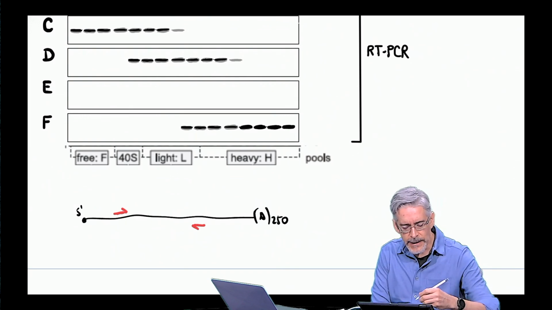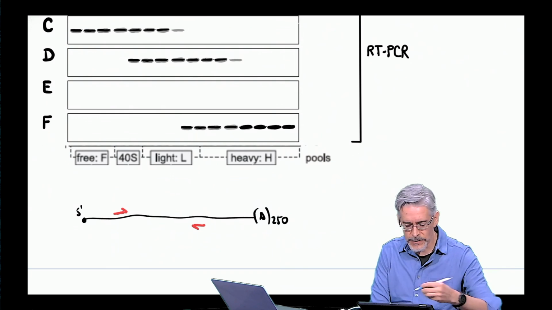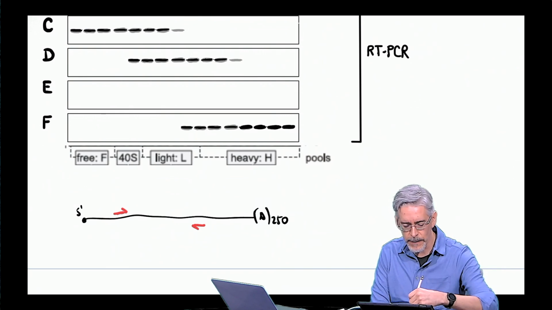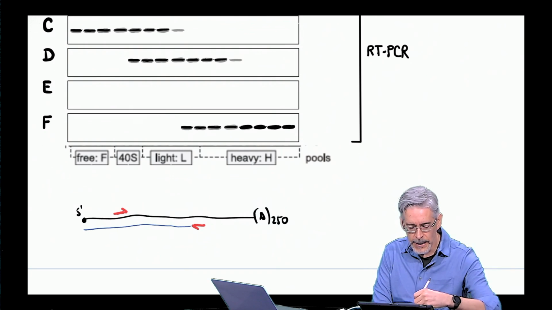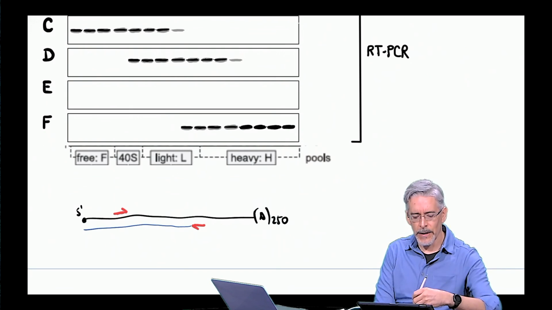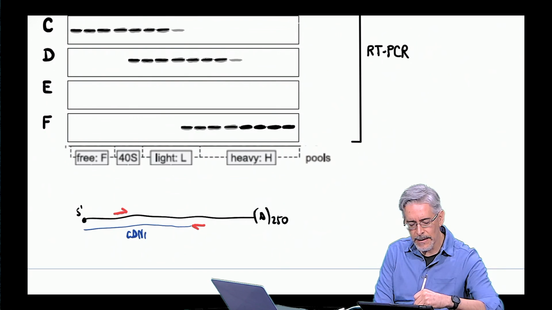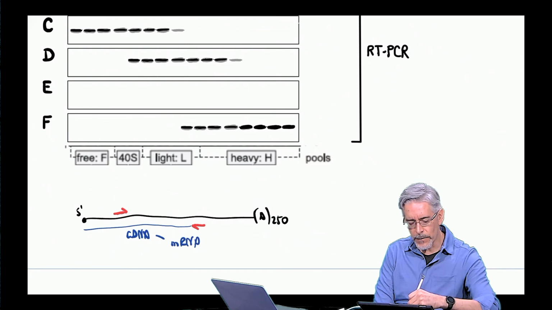So the first thing that you will need to do is reverse transcription. So you will use a reverse primer targeting tubulin, and that will allow you to have a cDNA molecule for the messenger RNA for tubulin.